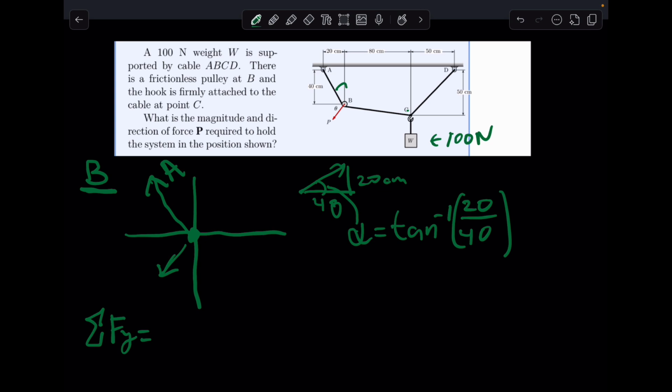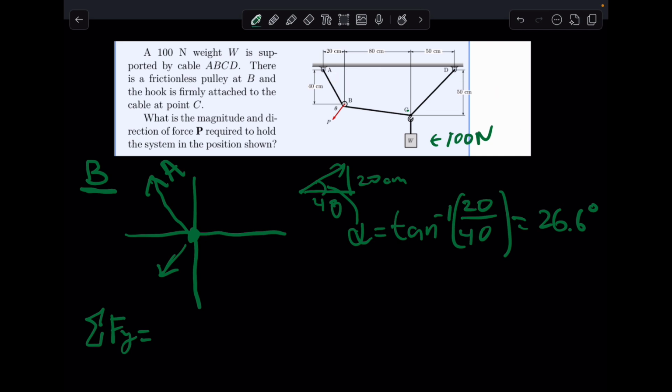Just a little quick reminder, the 20 is the rise and the 40 is the run. So we do our little math, and that angle gives us 26.6 degrees.